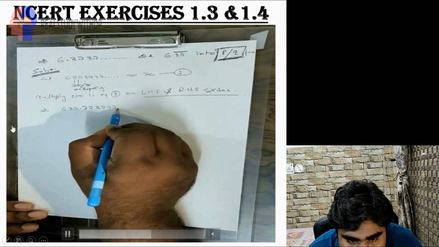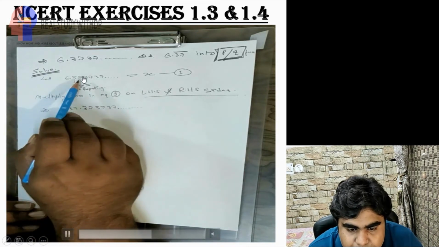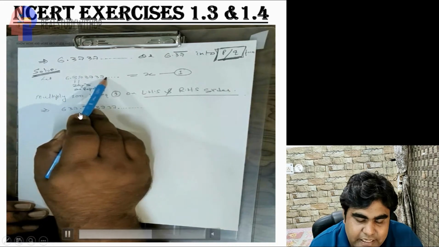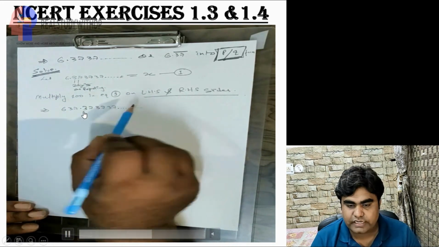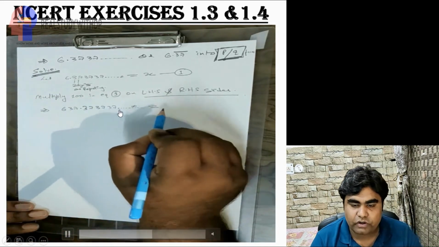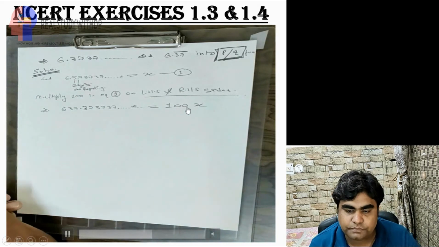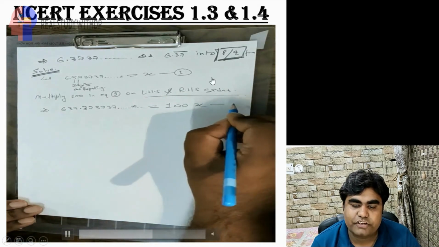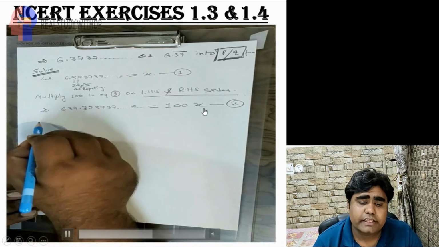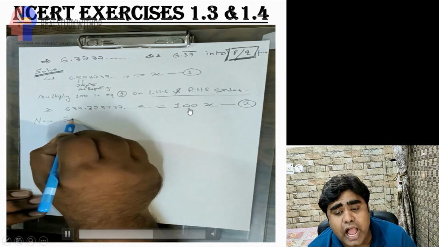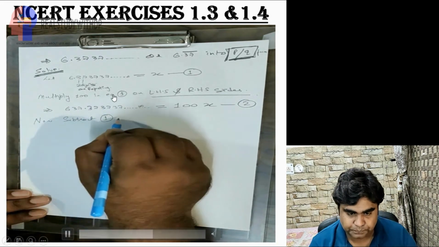So what we'll get? This point will be shifted over here, and it will become like this: 637.373737 till infinity it will go, and here we will get 100x after the multiplication. We are going to name this as equation 2, and the previous one as equation 1. In the next step, we are going to subtract equation 1 from equation 2.